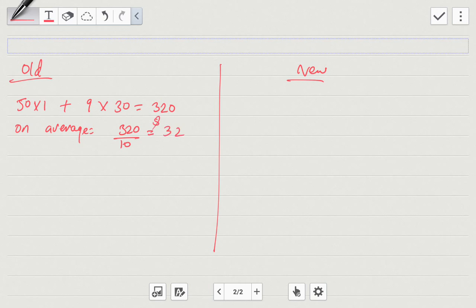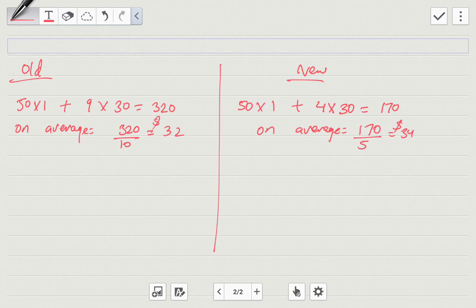$32. In the new, you're there only for 5 days, right? So on the first day you spend $50, and the remaining 4 days you spend $30. That is, in total you spend $170. But you stay there only for 5 days, so that on average you spend $34, right?